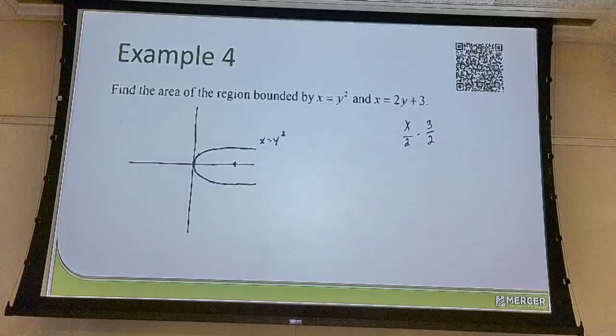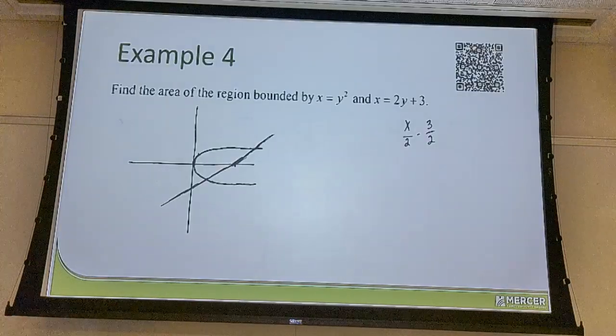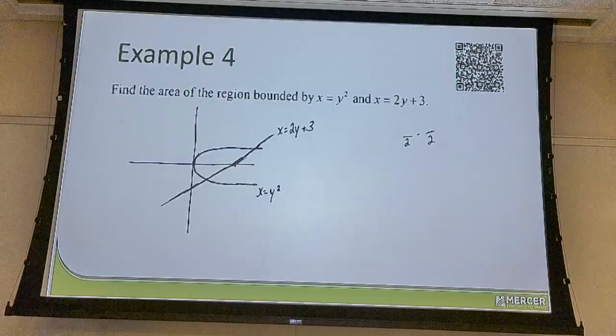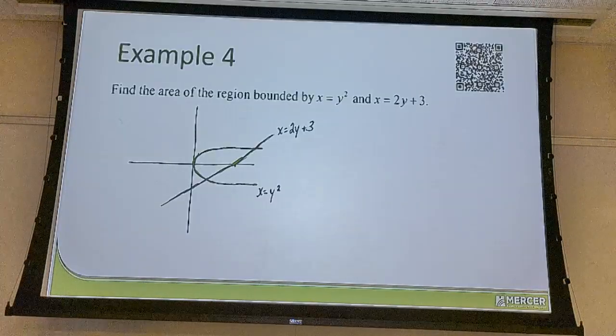More like. There's the region of interest.